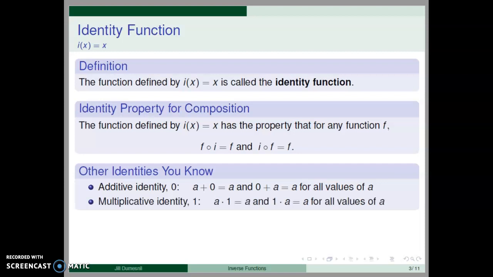We have that a times 1 is a, and 1 times a is a for all values of a. So the multiplicative identity is what you multiply times a to give you a. In general, an identity is something you operate with that returns the value of the other input.